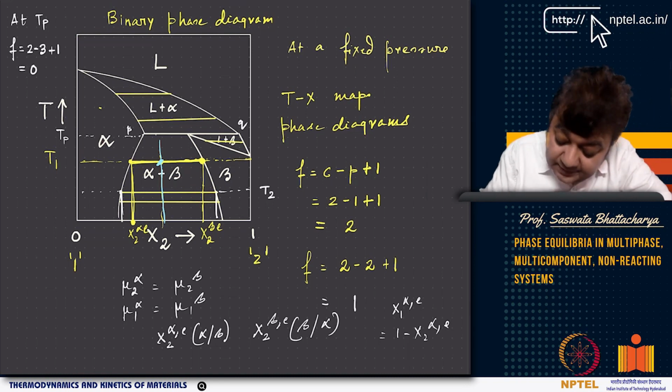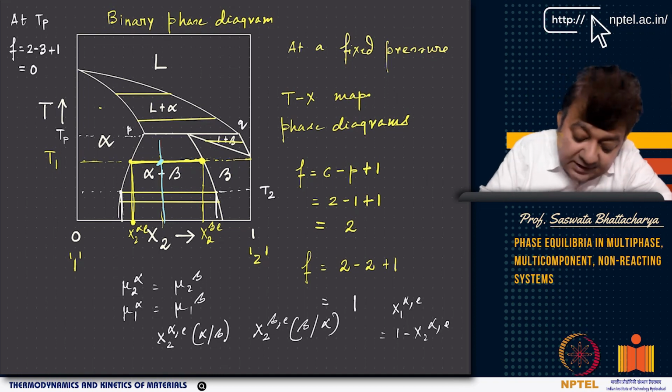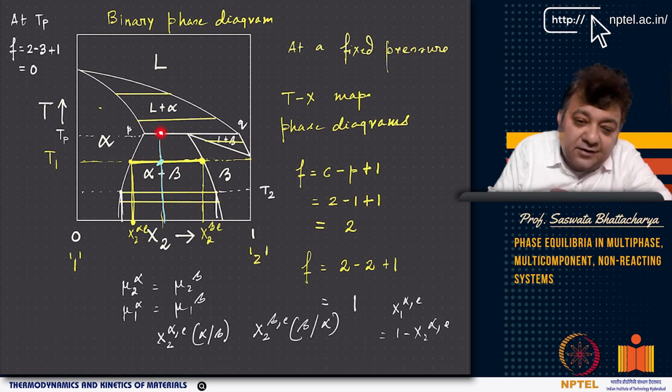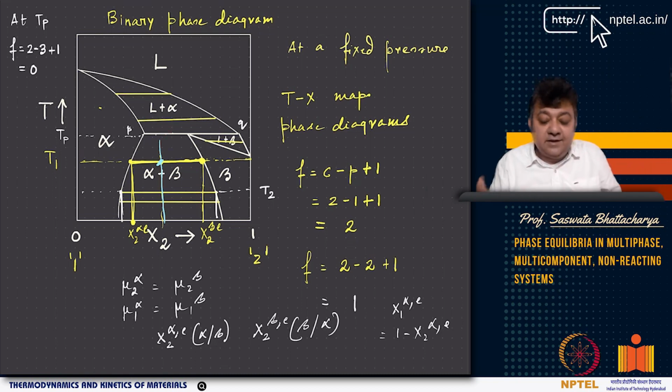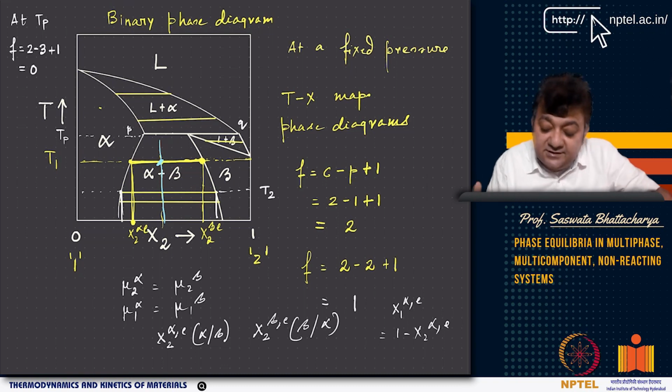So basically, these points are invariant points. At this point 3 phases coexist, and you cannot specify anything. You cannot specify the temperature or composition. Everything is automatically fixed, right? So here the degrees of freedom becomes 0, right?